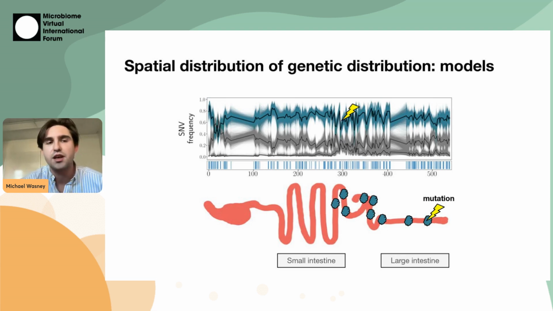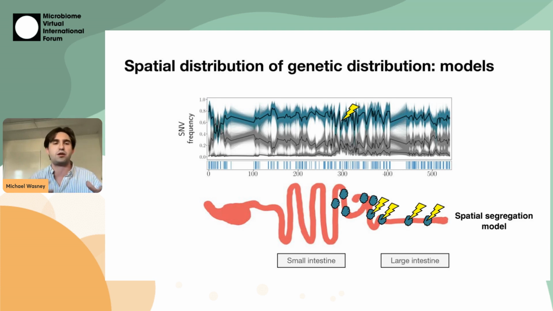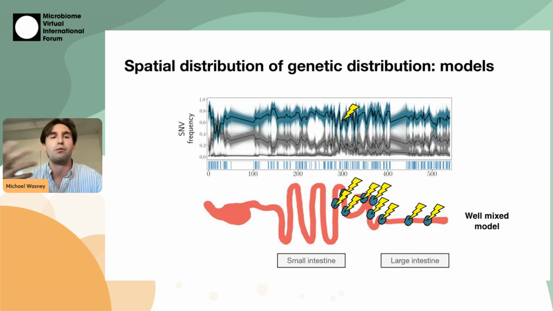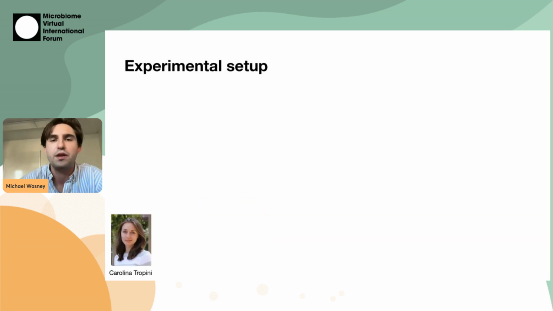Considering mutations, we might ask, do these mutations sweep only within particular physical niches, or are they global? Do we find them sweeping throughout the gut environment in accordance with a well-mixed model?